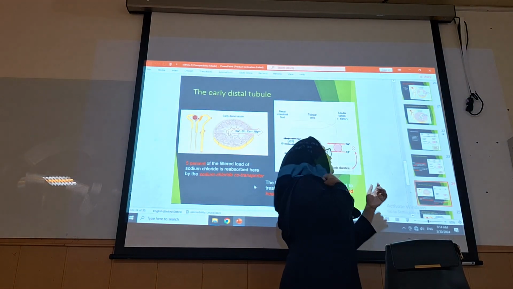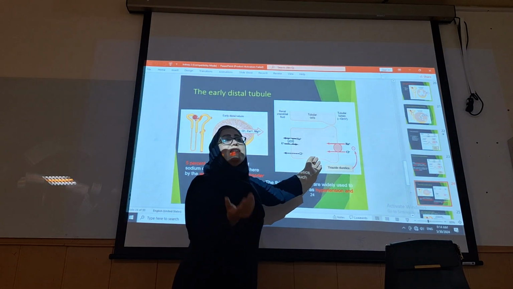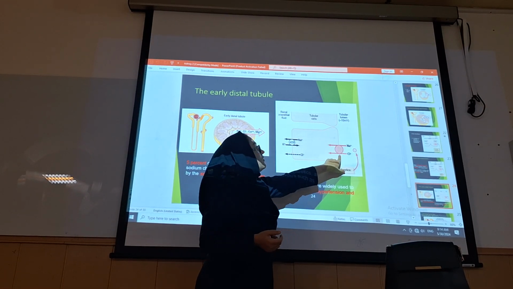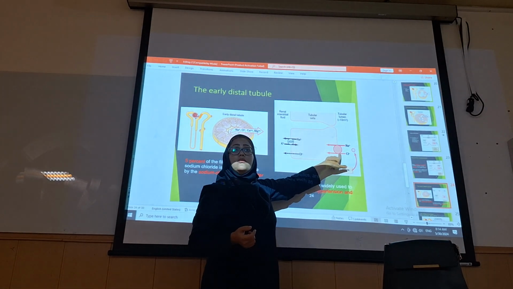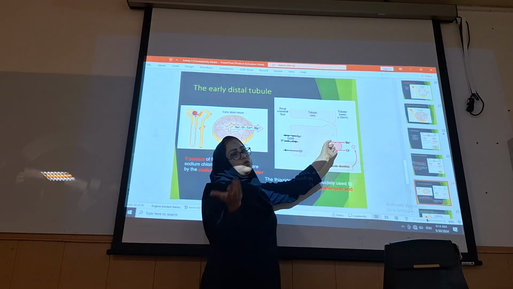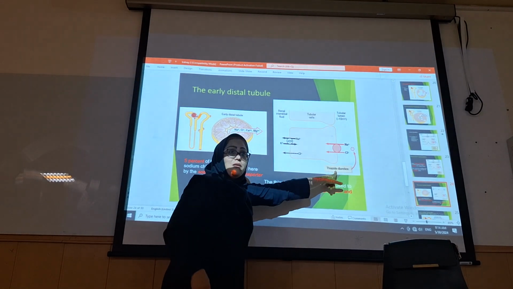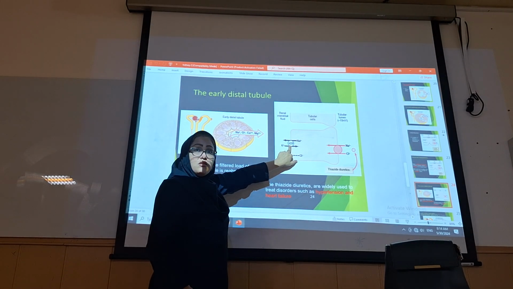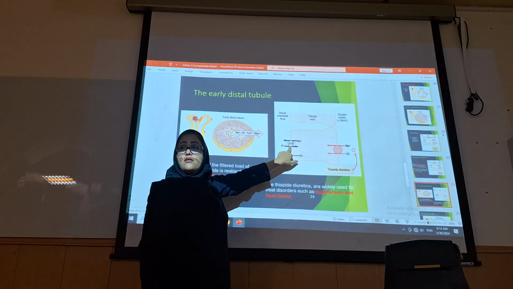Here you can see a cell in the early distal tubule. What do you see here? We see the sodium chloride co-transporter in the apical surface. And in here we see chloride, we see sodium, potassium ATPase, and chloride channel.